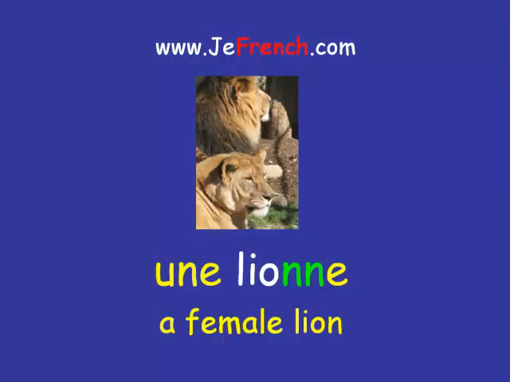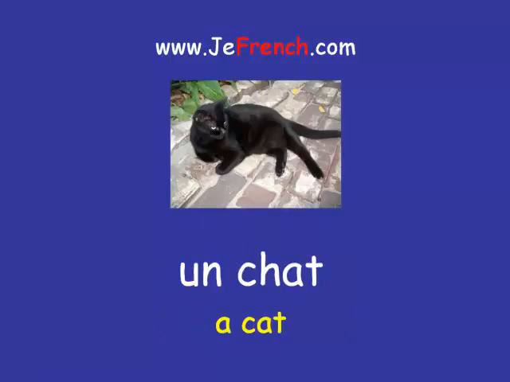So what's typical here is that the N of lion is doubled in the feminine. Un lion, une lionne. Takes two N's in the feminine, and then the letter E at the end, the sound E, which is typical of the feminine in French. We'll get to that later. So, un lion, une lionne.